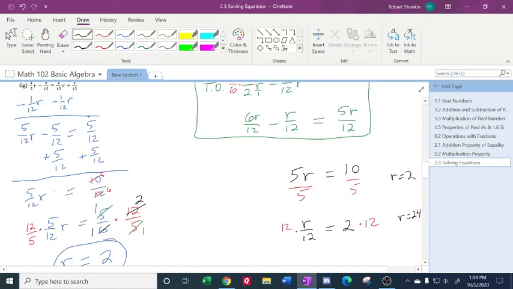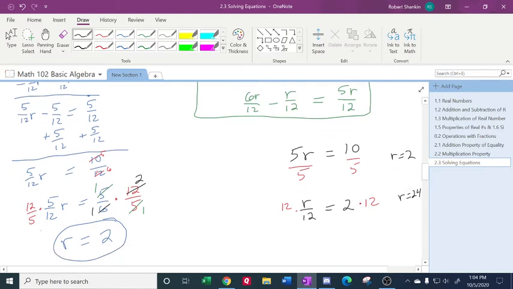Okay. Now this one has both of these things happening together. It's being multiplied by 5 and divided by 12. And to get rid of this 5, I'm going to have to be dividing by 5. To get rid of this 12, I'm going to have to be multiplying by 12. But instead of doing it in two separate steps like this, I can do it all in one step.